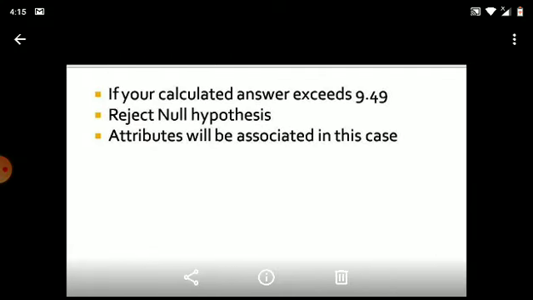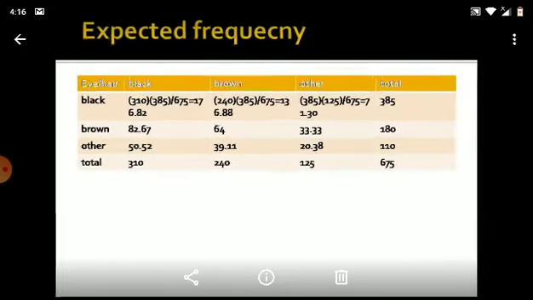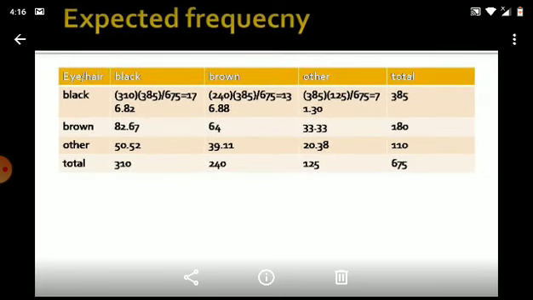Now you can see over here, for the first value, 240, I have multiplied 310 into 385 divided by 675, which turned out to be 176.82.